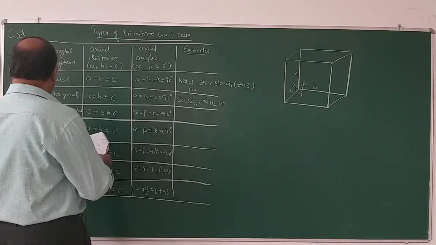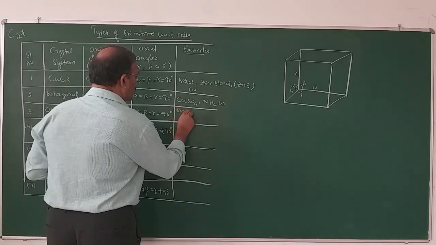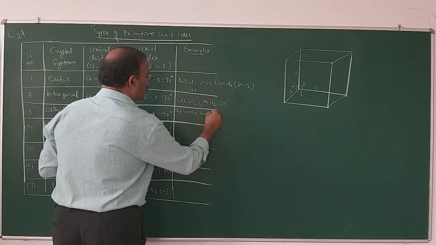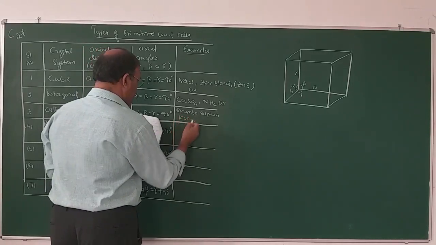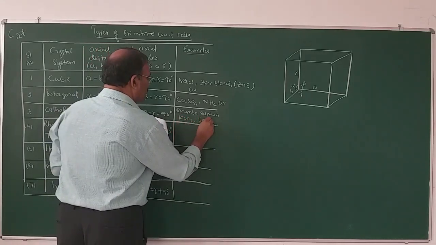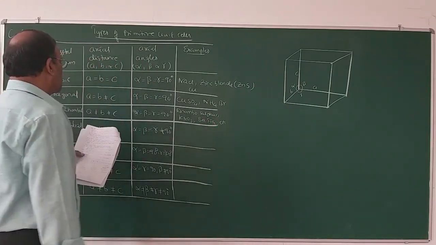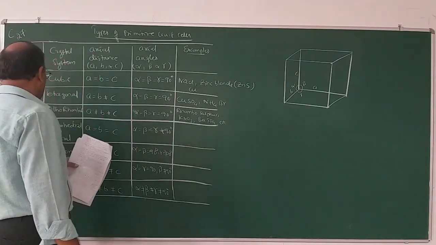Example for orthorhombic, it is rhombic sulfur and potassium nitrate, barium sulfate, etc. These are all the structure. For these crystals, this is the structure.